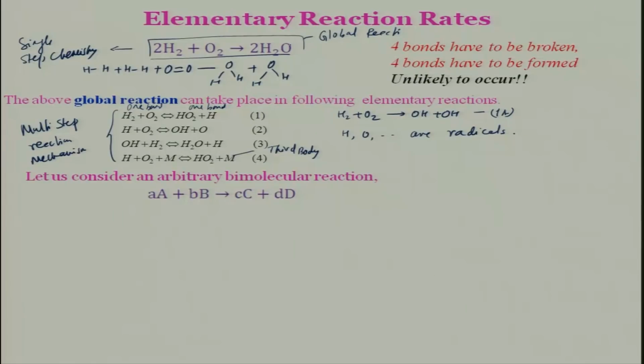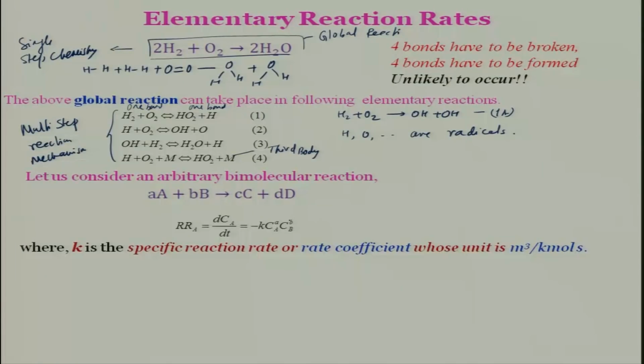So coming back to that, let us consider an arbitrary molecular reaction A plus B, and we can find the reaction rate dCA by dt is equal to k CA to the power a, CB to the power b, where a is the stoichiometric coefficient and b is also the stoichiometric coefficient. This we have seen.